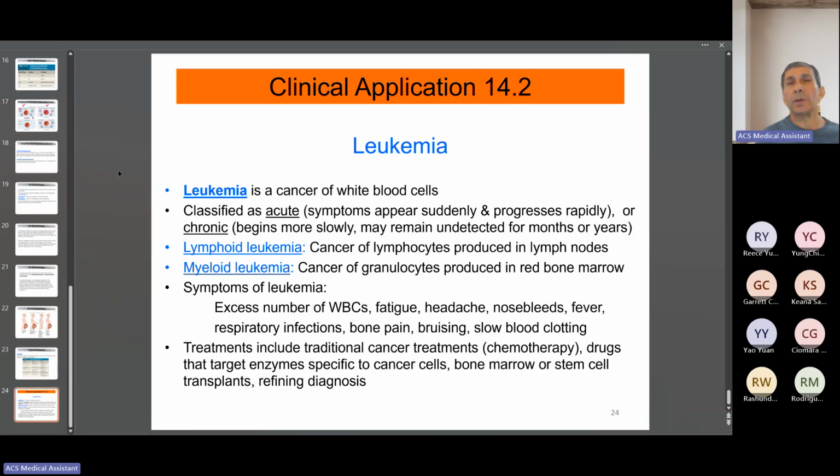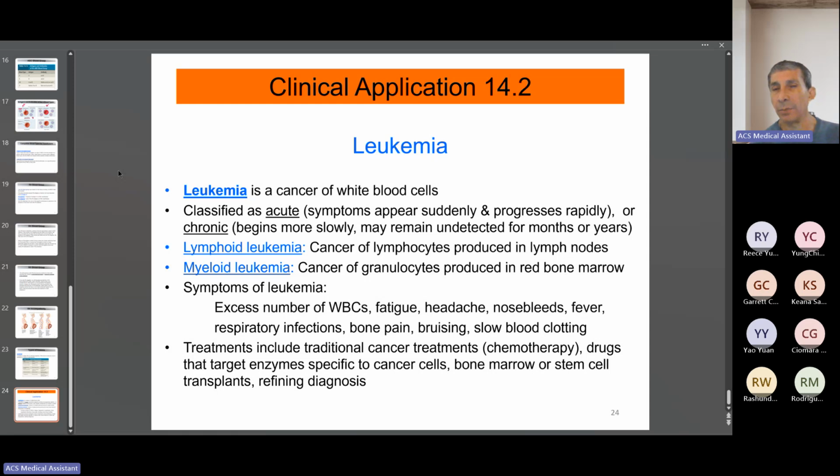Let's talk about conditions due to problems, disease of the blood. Just for you to know, because it is important. Leukemia. There are different types of leukemia. So leukemia is cancer in the white blood cells.